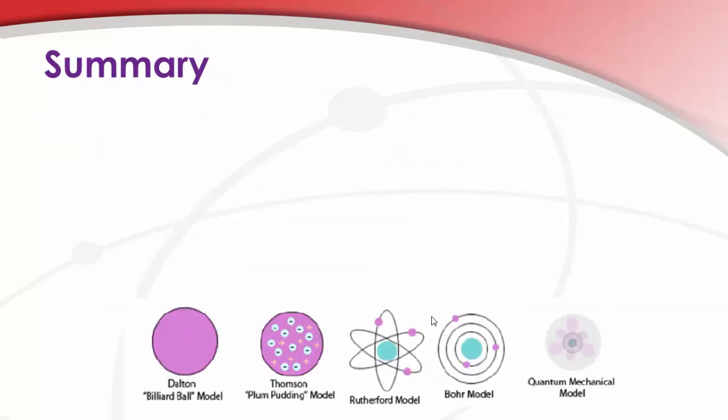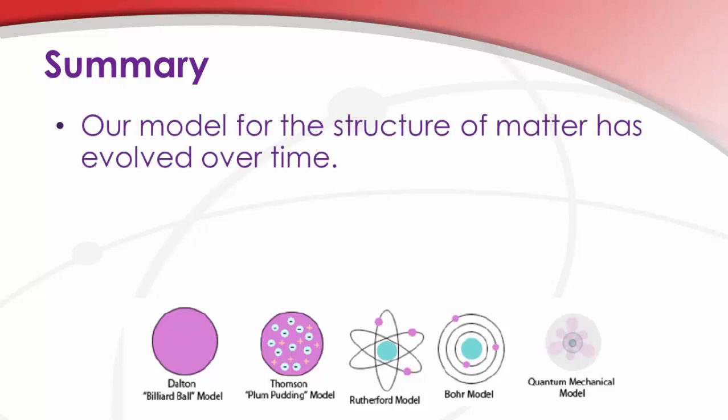Okay, so this was really intended as an introduction to the idea of the atomic model. Tough to summarize everything that we've gone through here. You should be able to discuss these models and the assets of them and the problems with them for purposes of testing.